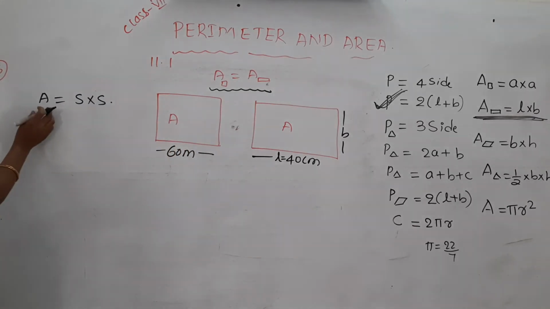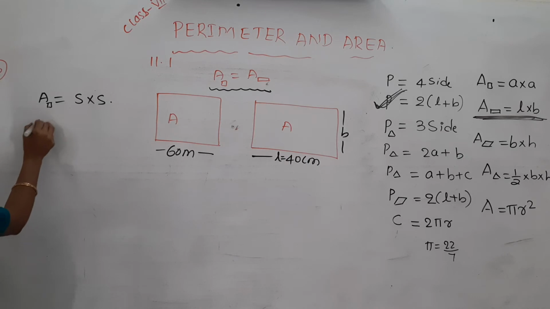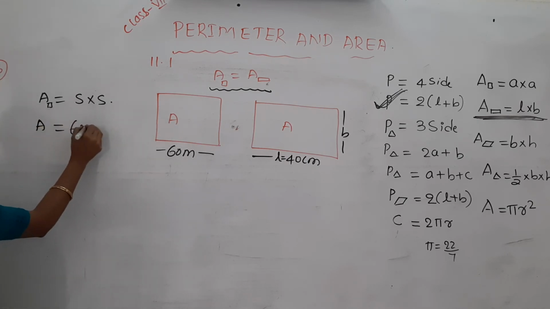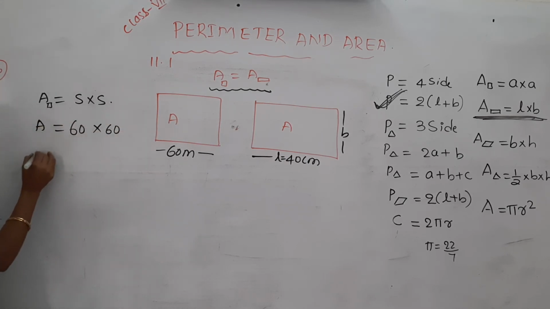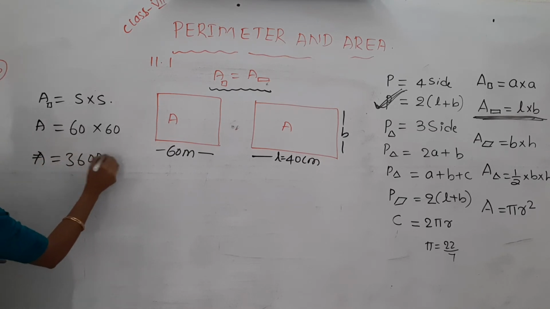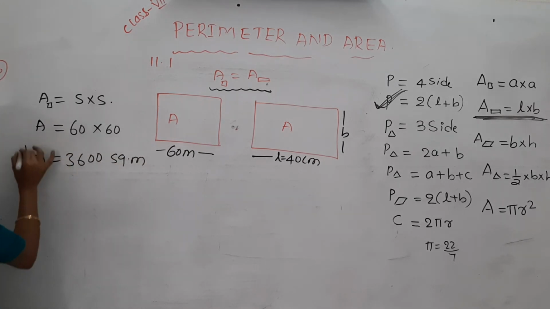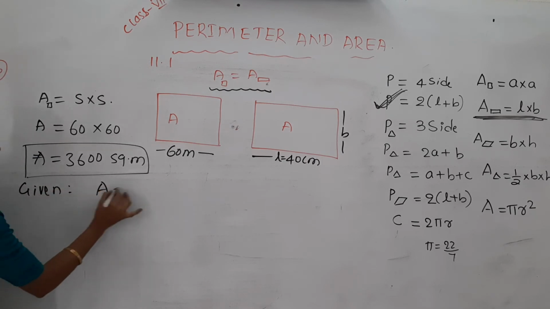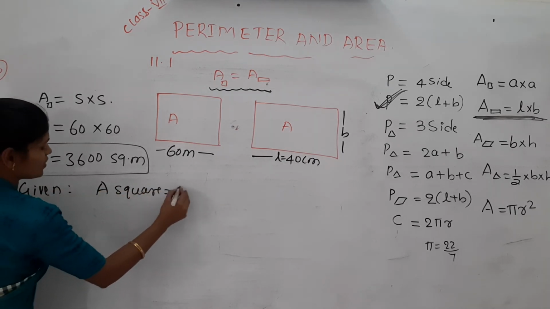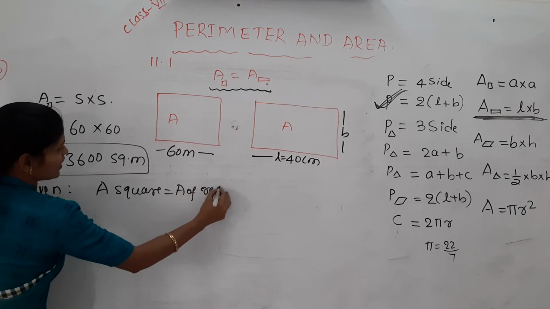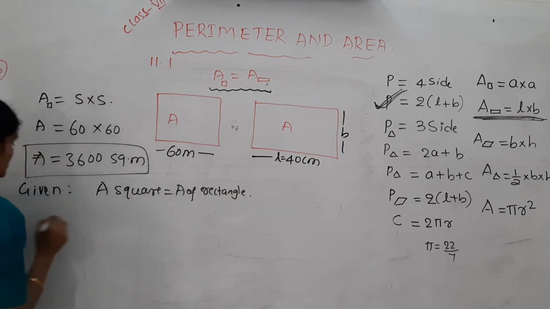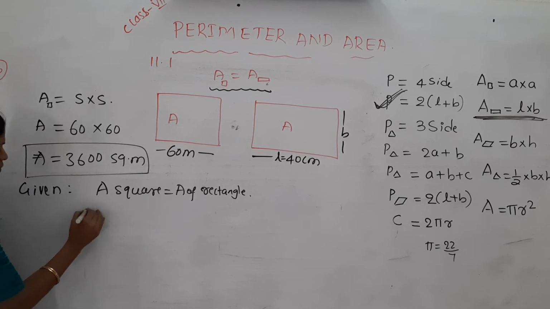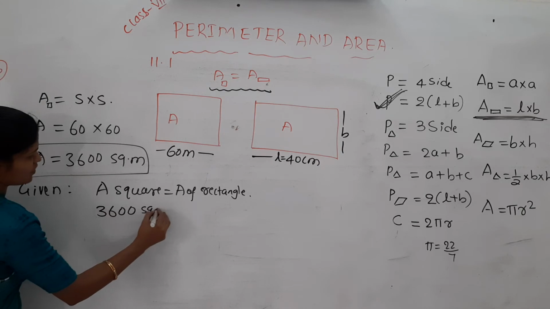First we have to find the area of the square. Side is 60 meter into 60 meter. 6 sixes are 36, so 3600 square meter is the area of the square. Given that area of the square is equal to area of the rectangle, the area of the rectangle is 3600 square meter.